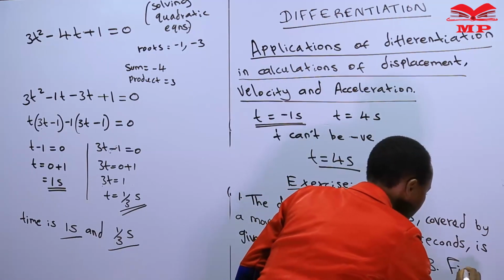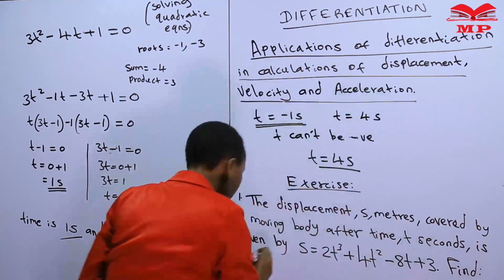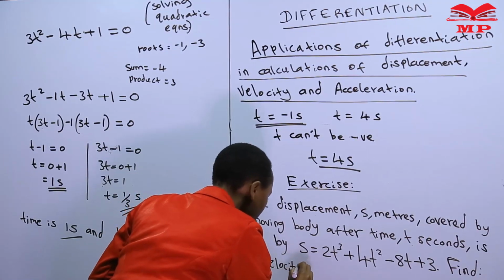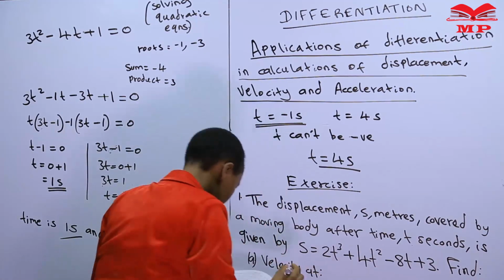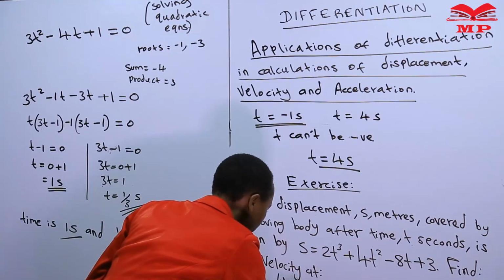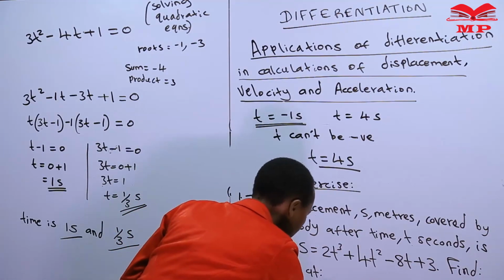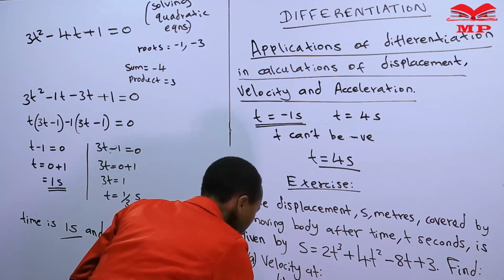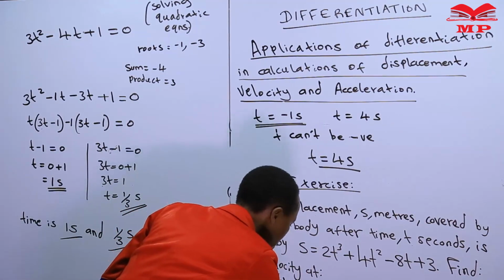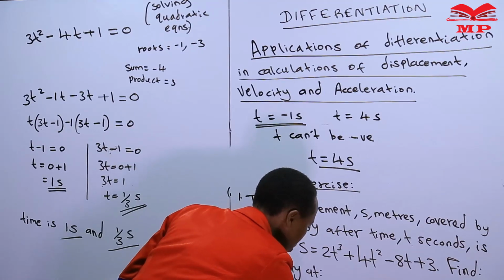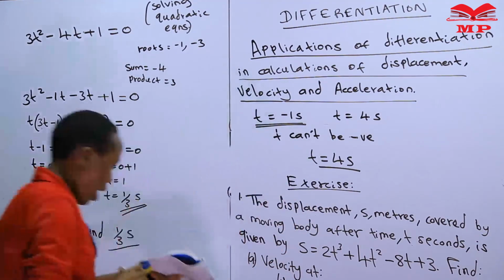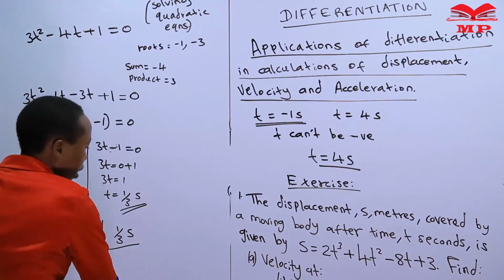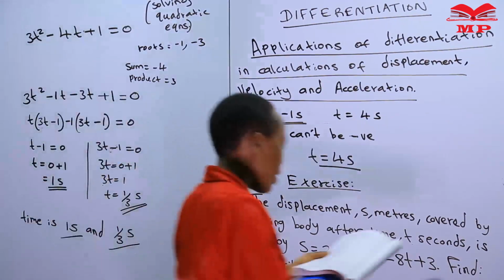Find the velocity at Roman 1, t equal to 2 seconds, and Roman 2, t equal to 3 seconds. So you find the velocity at those points where t is 2 seconds and where t is 3 seconds.